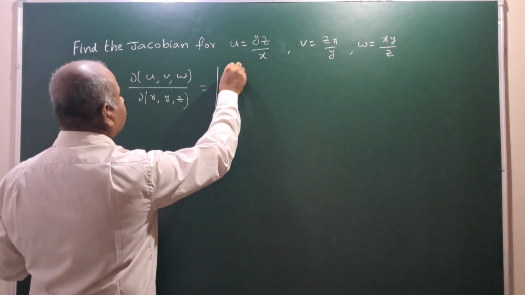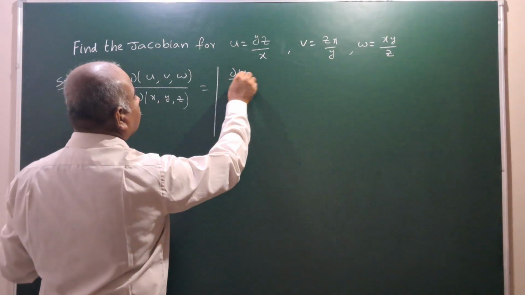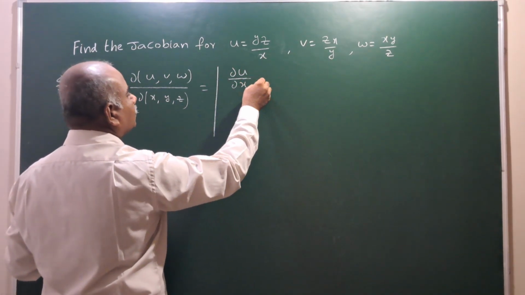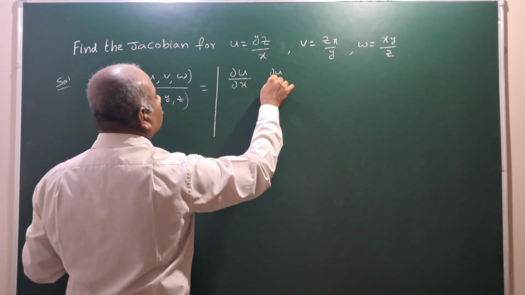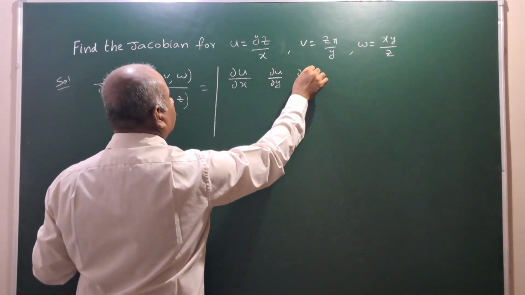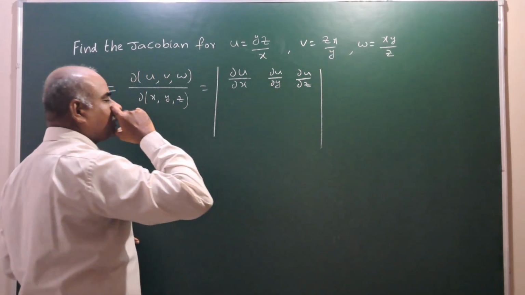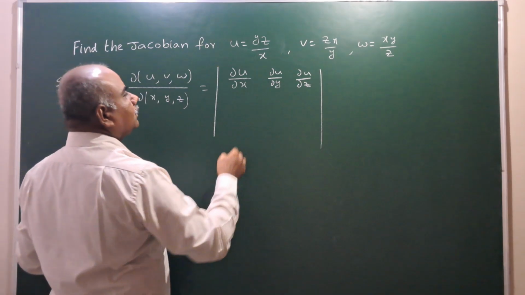Let us see this. The Jacobian can be expressed like this: the first row contains partial derivatives of u, that is ∂u/∂x, ∂u/∂y, ∂u/∂z. So these are the partial derivatives of u which are in the first row.